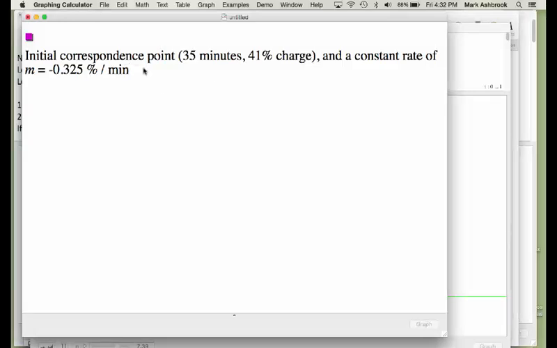So not only does this mean that every minute the charge changes by negative 0.325%, but more generally, and really important for constant rate of change, given any change in the amount of time, dt, the corresponding change in the battery charge will be negative 0.325 times the change in t.